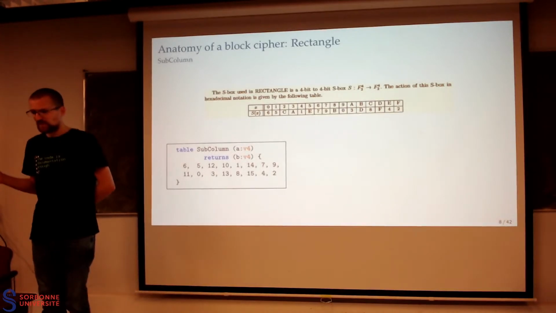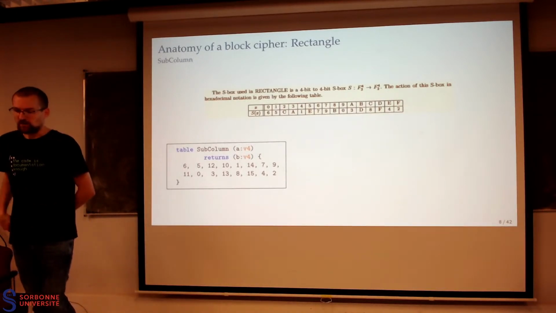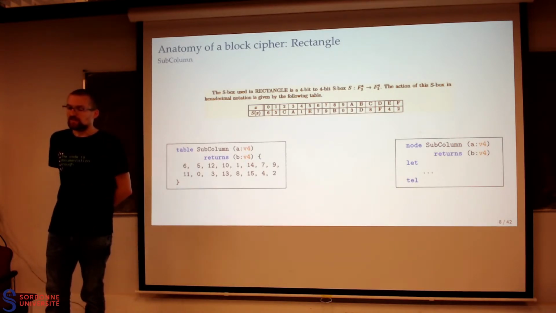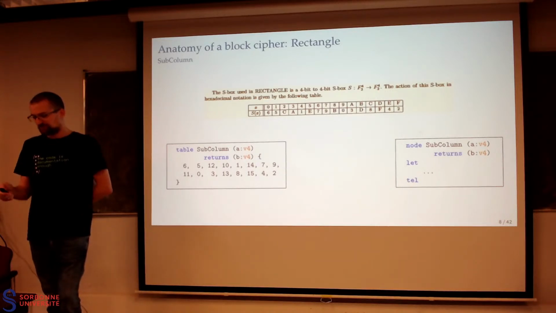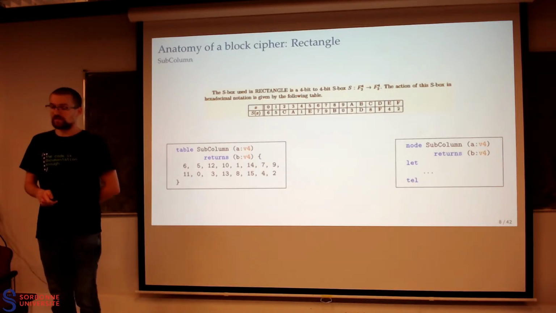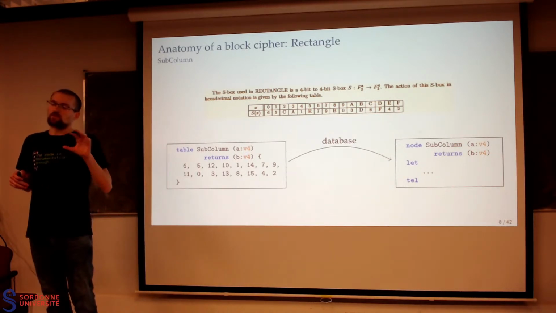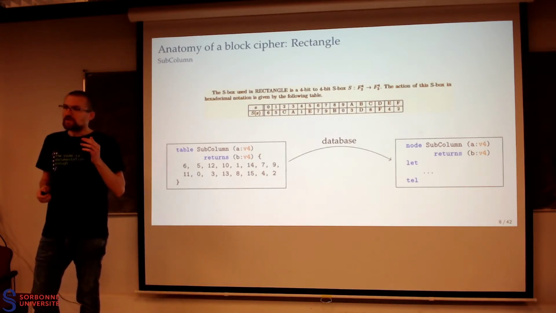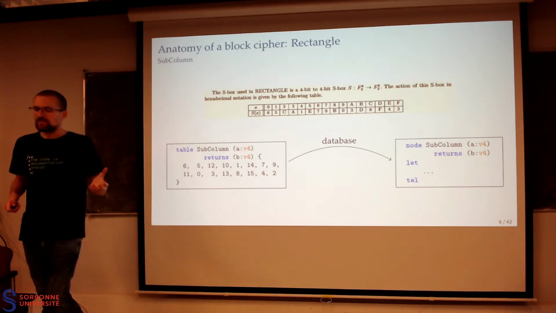Usuba offers you a syntax to write this S-box as a table, and the compiler will automatically generate a circuit that computes this S-box. There are 2 ways for that. Computing a circuit equivalent to a lookup table is a complicated task, so we reused existing results, which we incorporated into a database in our compiler.